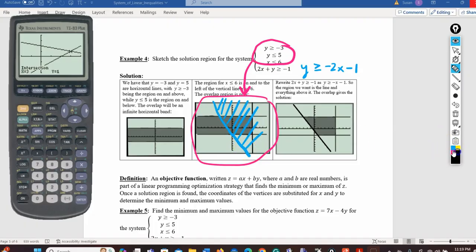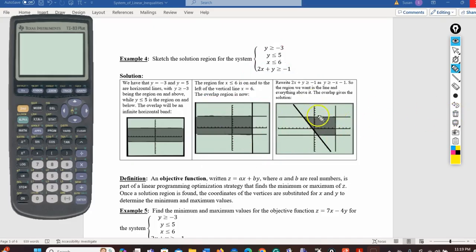So you can see that the black and the blue overlap there. And so this is where I get this figure here. So after I incorporate all of that, this is my bounded figure.